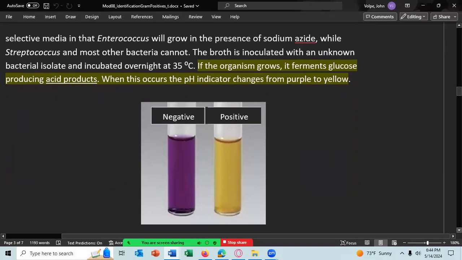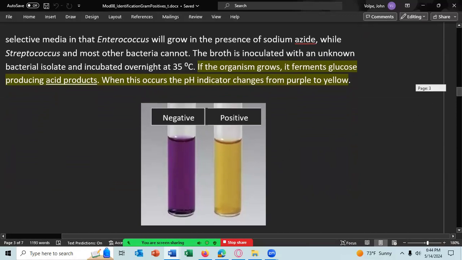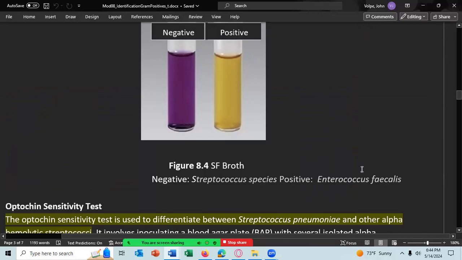If bacteria like Enterococcus can grow in the presence of sodium azide and then ferment the sugar in the tube, it will change the color from purple to yellow. And that will be a SF broth test positive, which, as I mentioned, Enterococcus faecalis is SF broth positive.